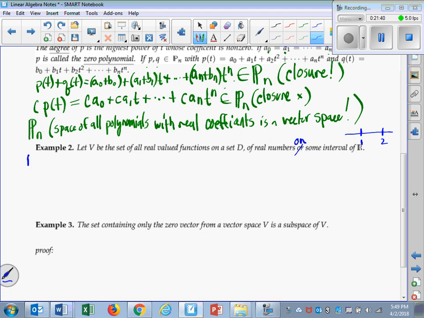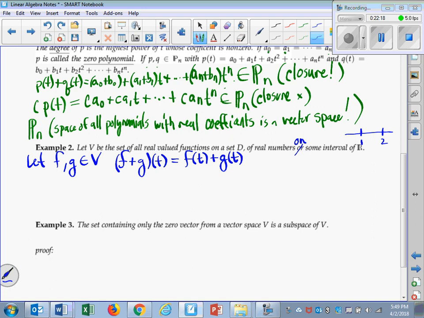Let's take two functions out of this set. We'll let f and g both be functions in this set V, and then we'll add them together in the usual way. So we'll take f plus g of t, where t lives in the interval D, the domain, and this is really just the same addition of f of t plus g of t, the usual real function addition that we've been using through algebra and calculus.